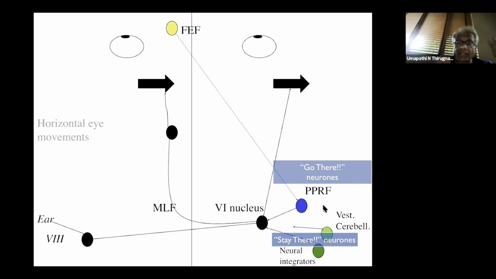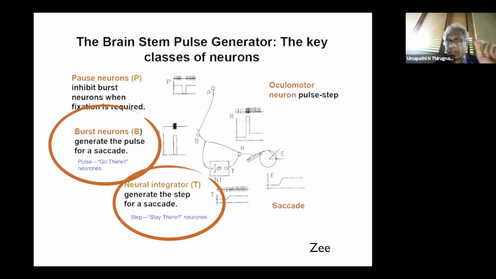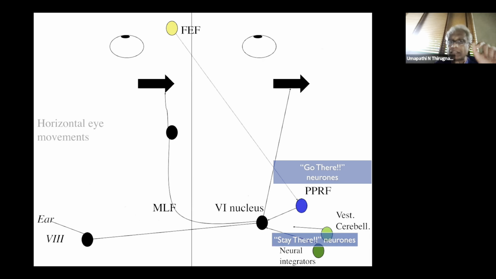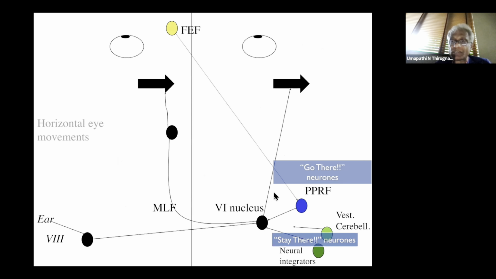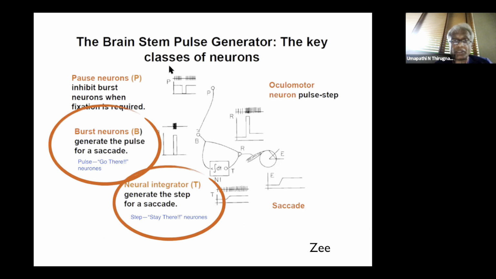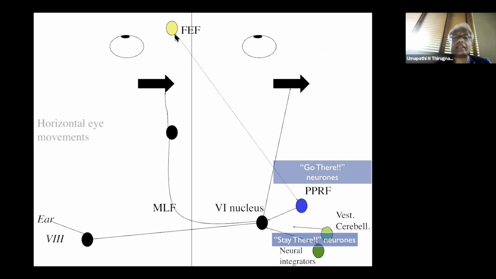Okay, now the technical aspects of it, you may have learned in physiology. You don't have to. The technical aspects may be a little bit more complicated, and you don't have to go to that level. So this set of neurons, this PPRF, has got a set of neurons called the burst neurons, which allows the intent to be converted into a burst of signal.